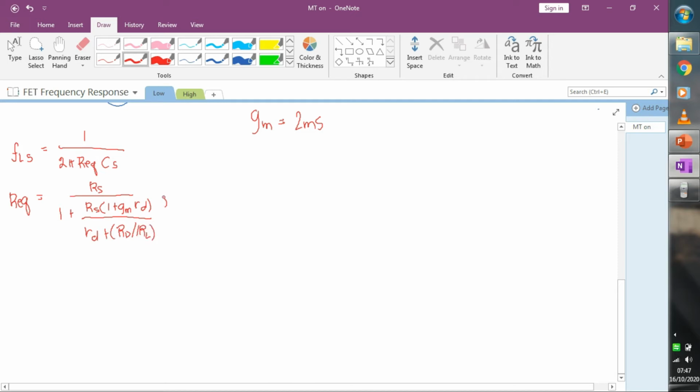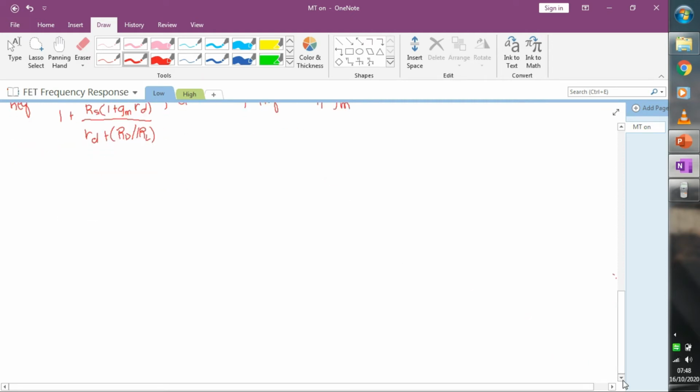We should take note that if RD is approximately or equal to infinity ohms, or it is a very large amount of resistance, your equivalent resistance will just be equal to RS parallel with 1 over GM.